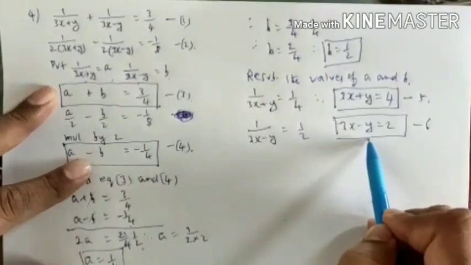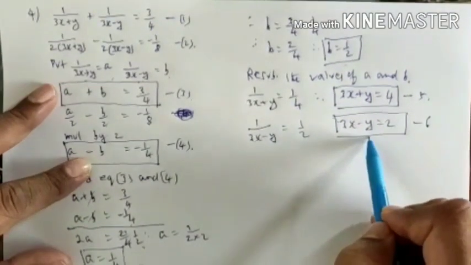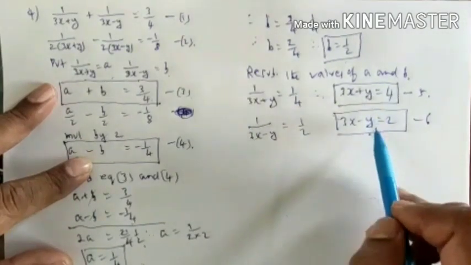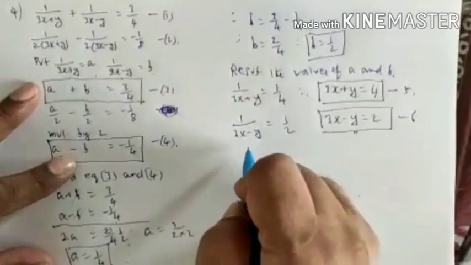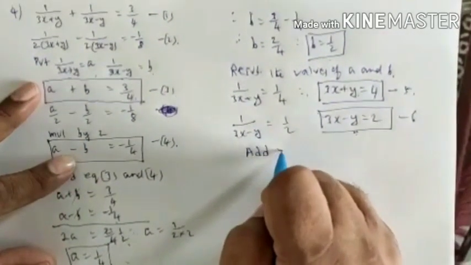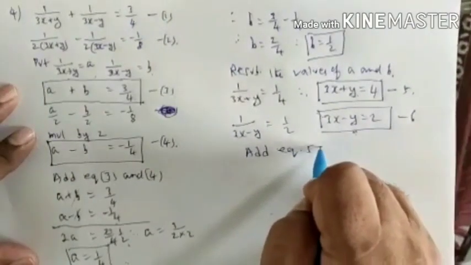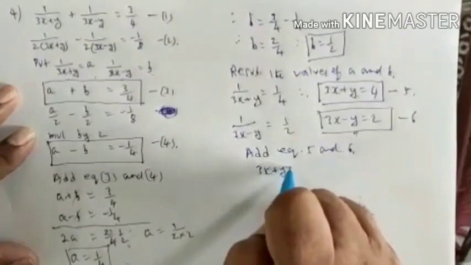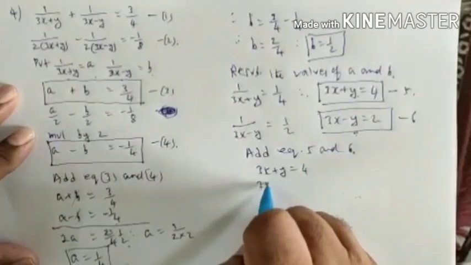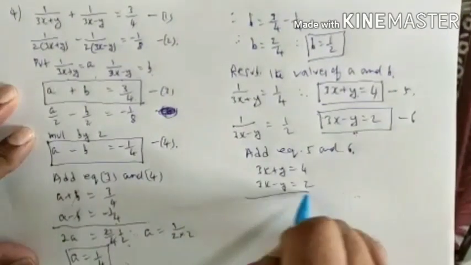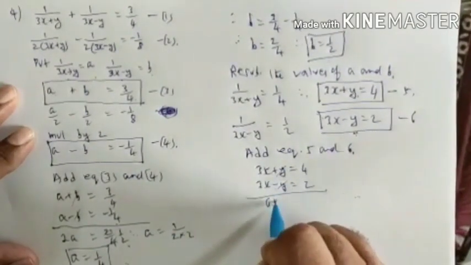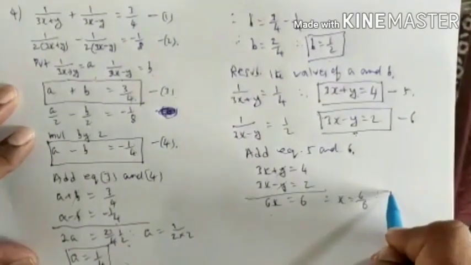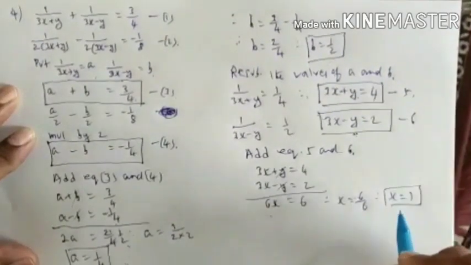Now how to solve these two equations? See, 3x plus y equal to 4 and 3x minus y is equal to 2. We shall add these two equations. Plus y minus y will get cancelled. So we shall write here, add equation 5 and 6. So what we get? 3x plus y is 4. 3x minus y is 2. 6x is equal to 6. So we get x is equal to 6 upon 6. So we get x is equal to 1.